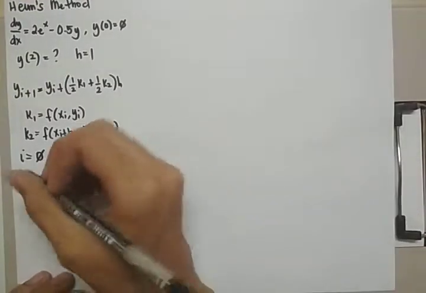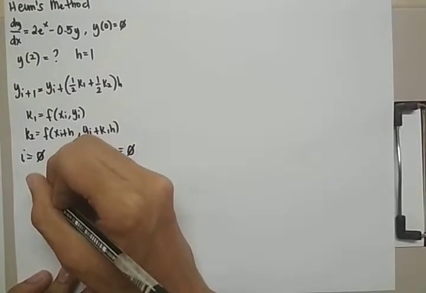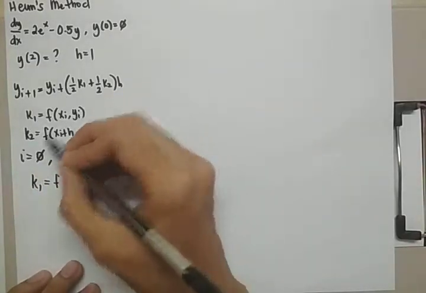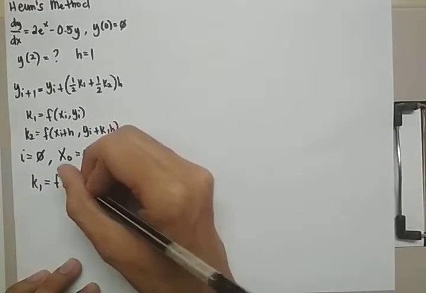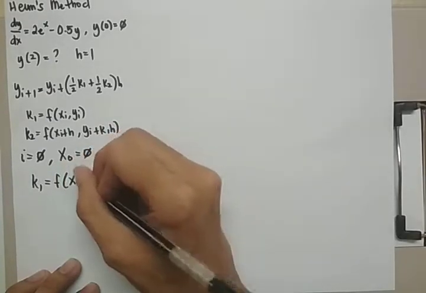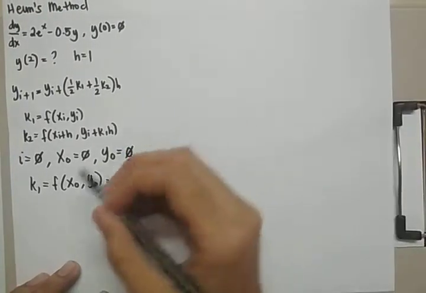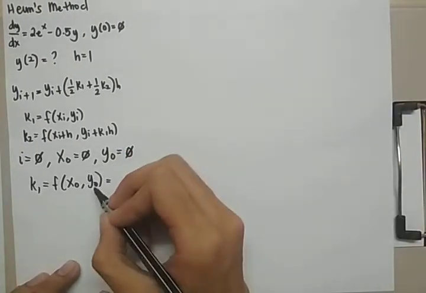We have k sub 1 is equal to the function of x sub i, where i is 0, so the function of x sub 0 and y sub 0. Our x sub 0 is 0 and our y sub 0 is 0.